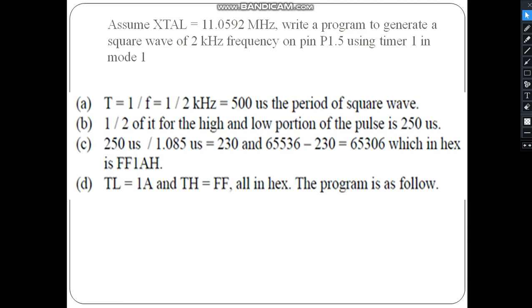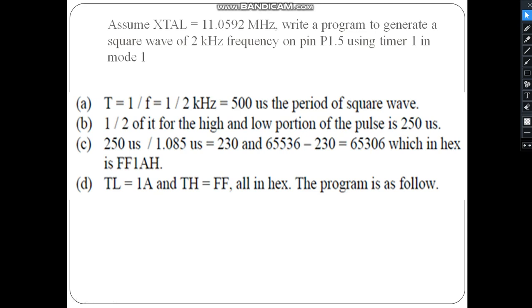So we get 65,306. This is the value in decimal. This value has to be loaded into the THTL register, or if you convert it into hexadecimal, the value is FF1A. So FF is loaded into the TH register, that is the upper byte, and 1A, the lower byte, is loaded into the TL register.